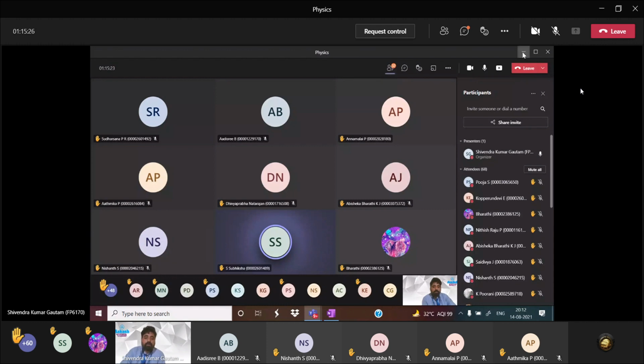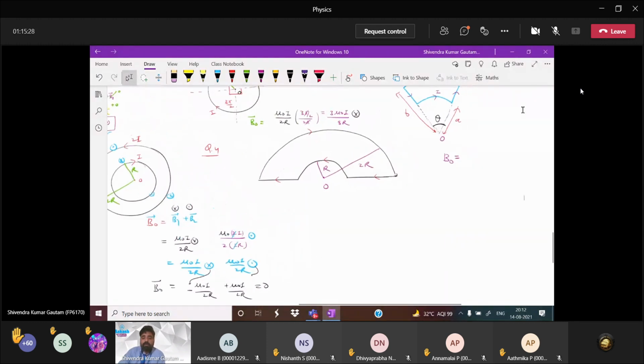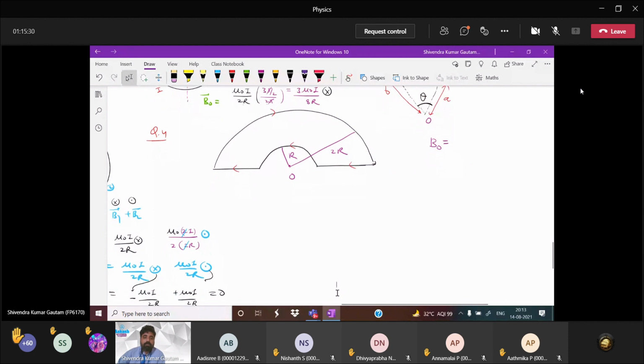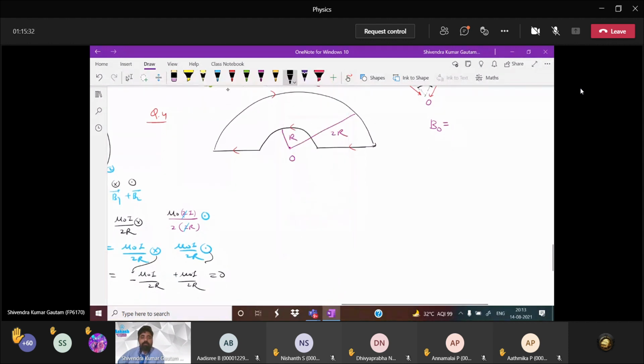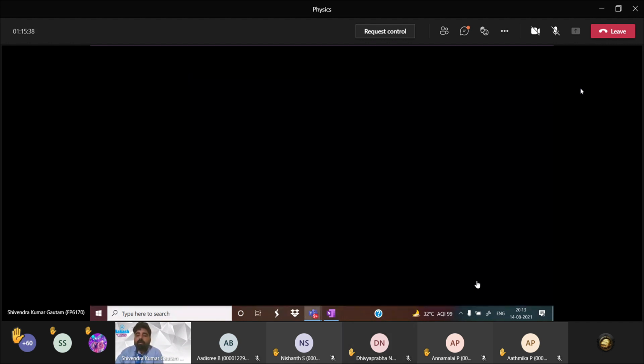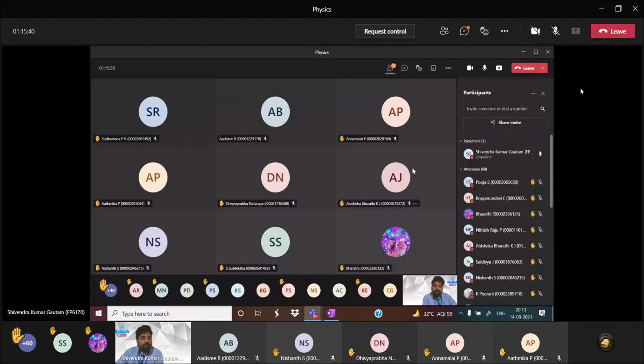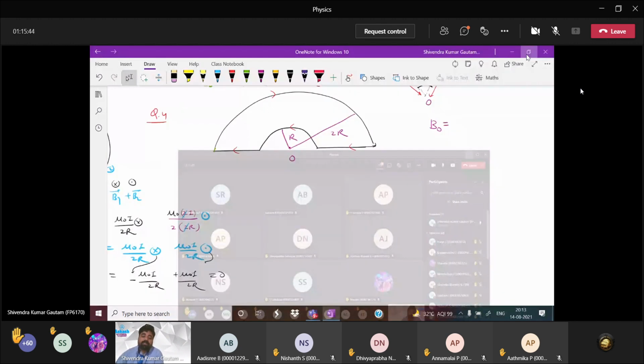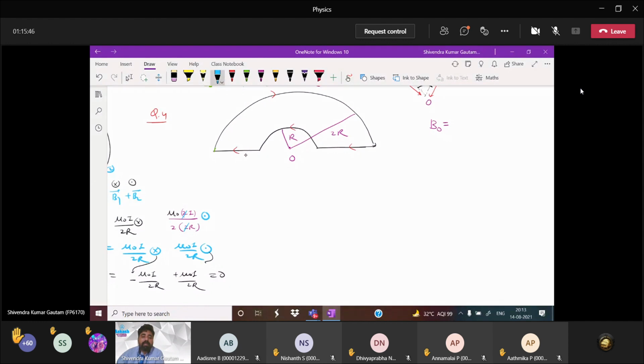Now, the fourth one. Tell me what is the magnetic field due to this here? Fourth part. Answer: mu naught I by 8r. Yes. I know initially you will have a problem. You break the complete loop into sections, because you know every section separately. I'm breaking it into the first section, second section, third section, fourth section.